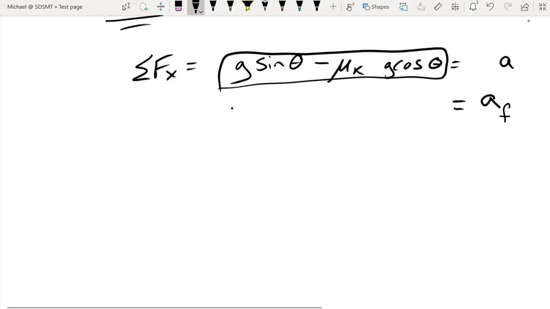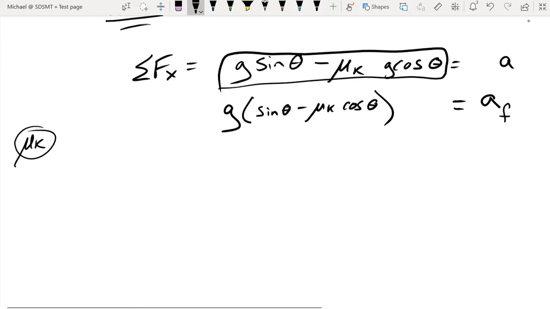It's all of this, but I can clean that up a little bit. I'm going to factor a g out, which leaves us with sine theta minus mu k cosine theta, which is good because now I actually have the coefficient mu k in one of the expressions, and that was what we were asked to solve for.